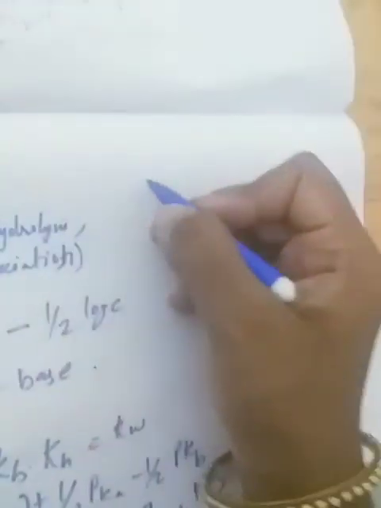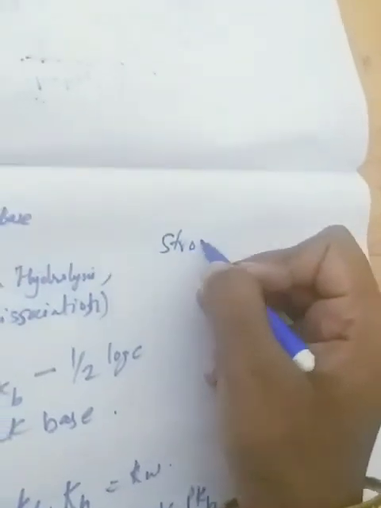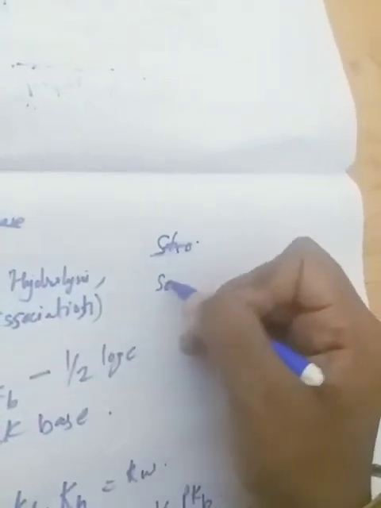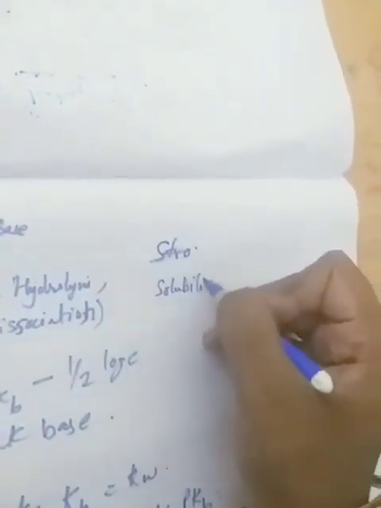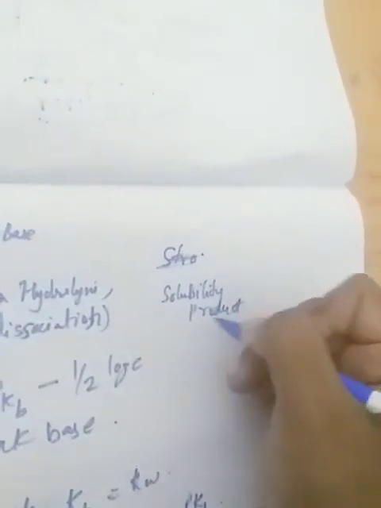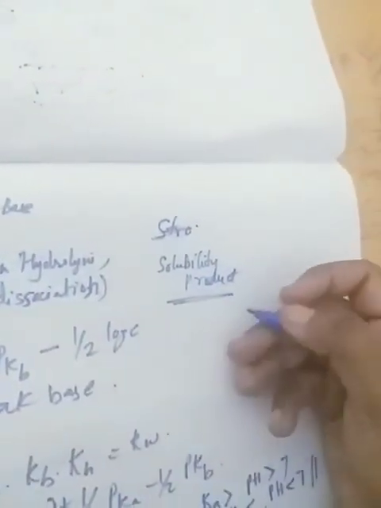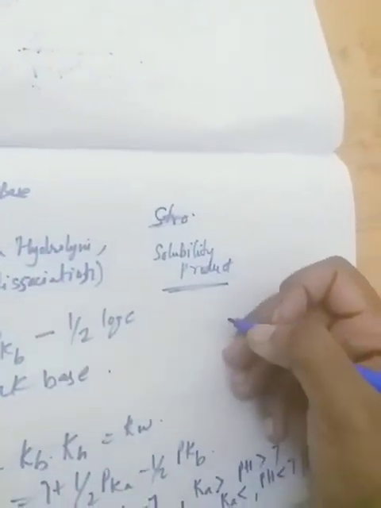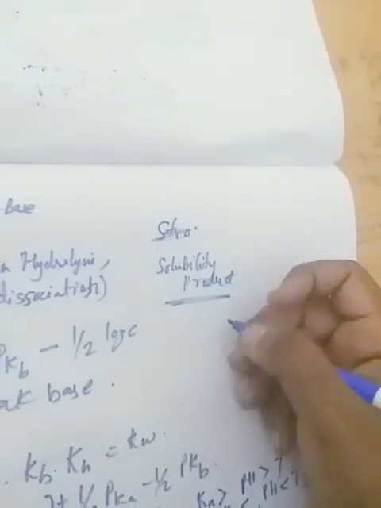So there is another and final term in this lesson, which is called solubility product. What is solubility product? If you put a solute in water or any solvent, the ions will get dissociated, and it is sparingly soluble.